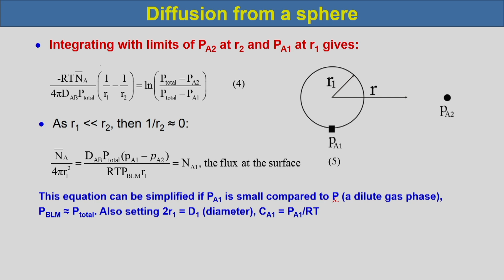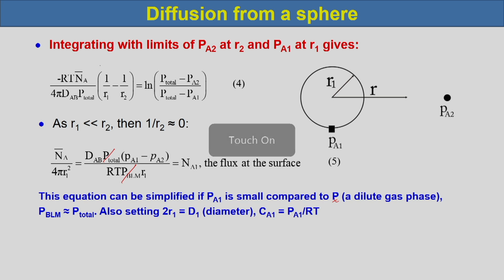Also, if we set 2R1 equal to D1, that is the diameter, and CA1 equal to PA1 by RT, the PBLM and P total will cancel out, and PA1 by RT would be CA1, the concentration of component A at point 1, and PA2 by RT would be equal to CA2, the concentration of component A at point 2.